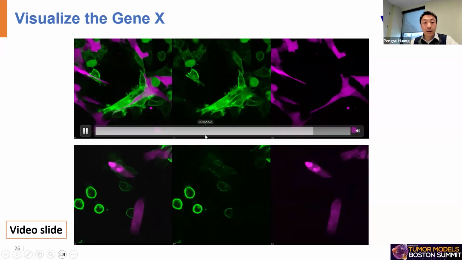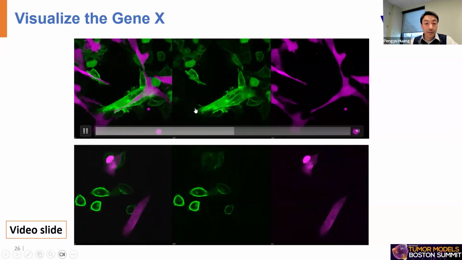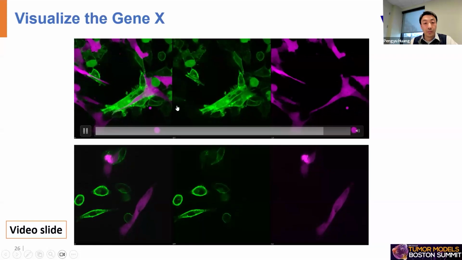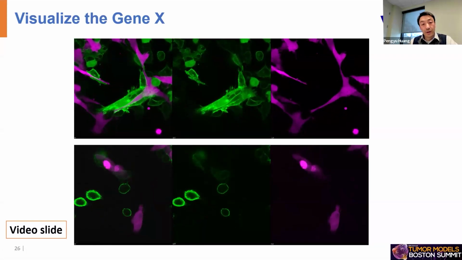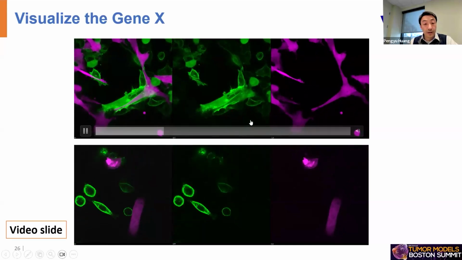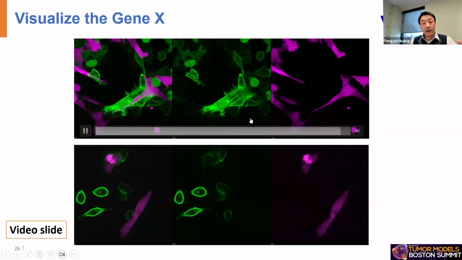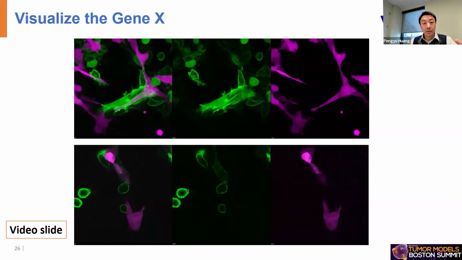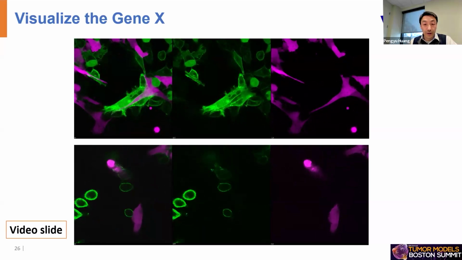Here I just want to mention that gene X actually plays a very important role directly in the cell-cell interaction between the tumor and the CAFs. So it's not just that the gene is important for the immune system, it is also very important for the interaction between the tumor and the CAFs.